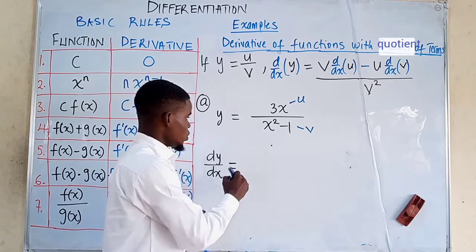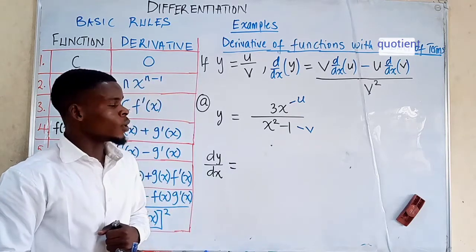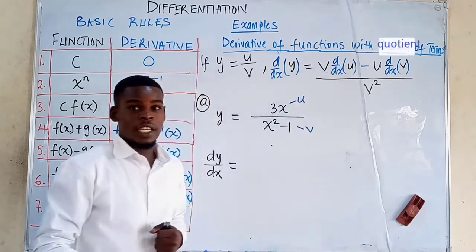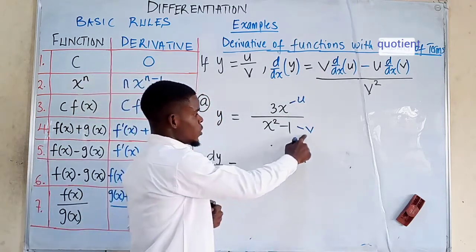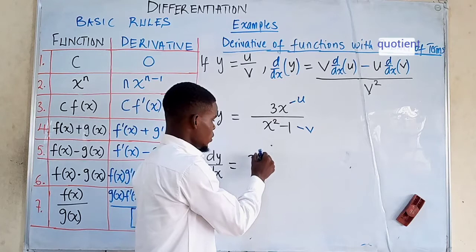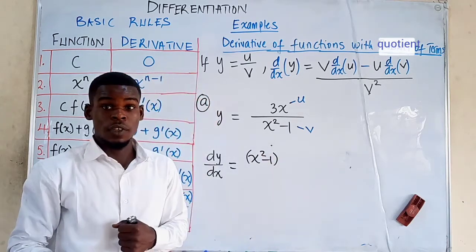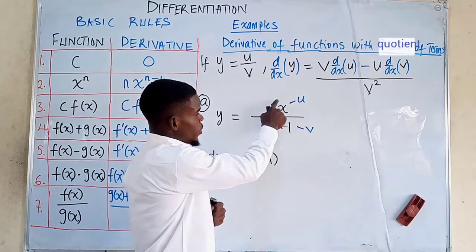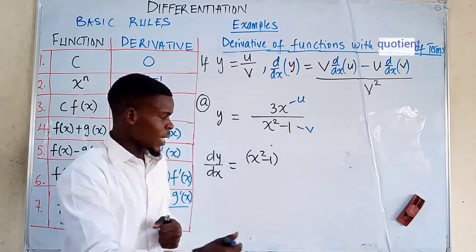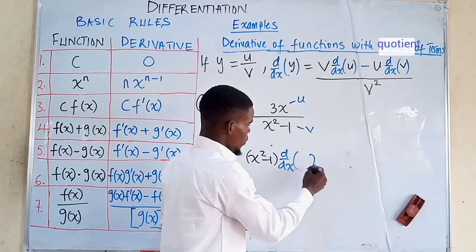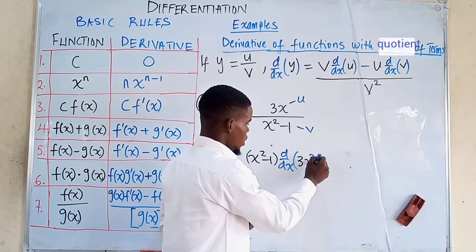From that rule, we keep the denominator, x squared minus 1, and multiply it with the derivative of the numerator. This numerator is just 3x, so I put down the derivative with respect to x of 3x.